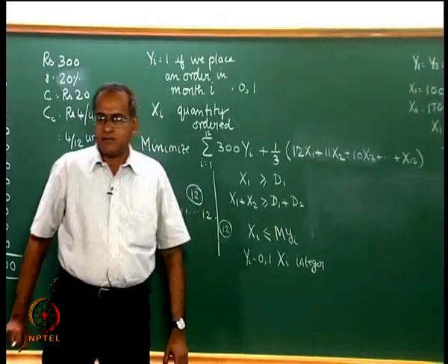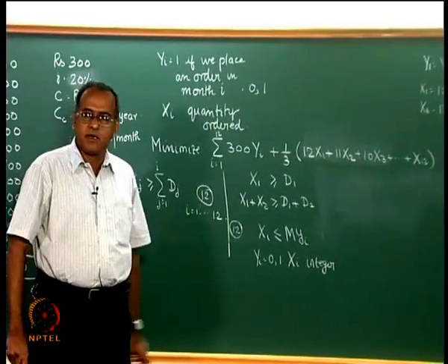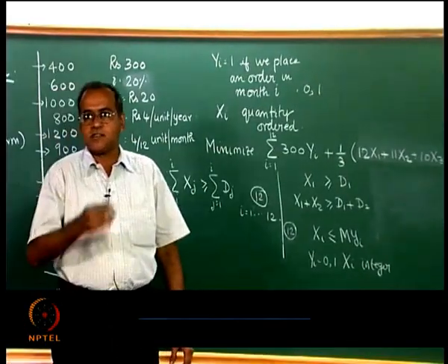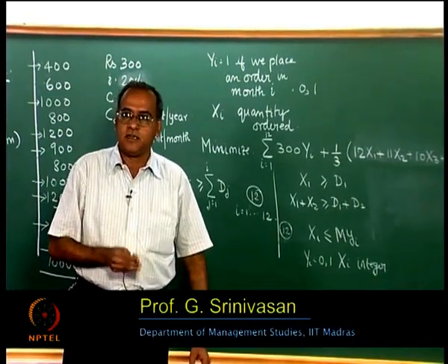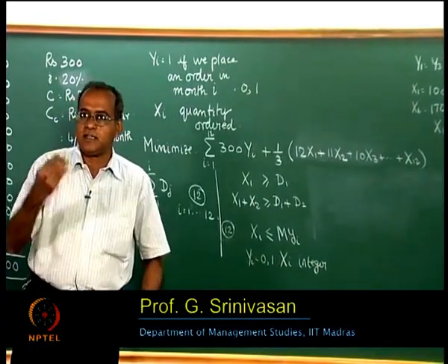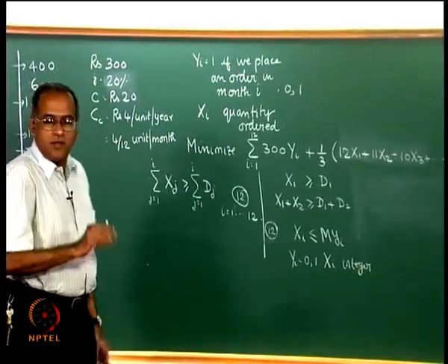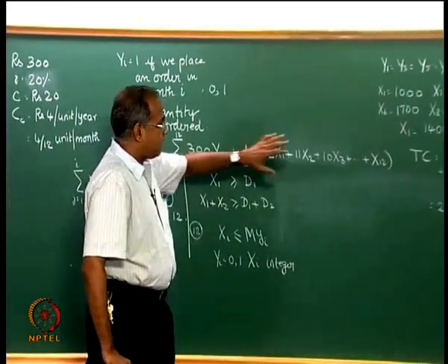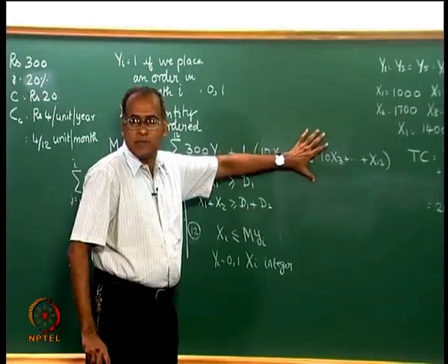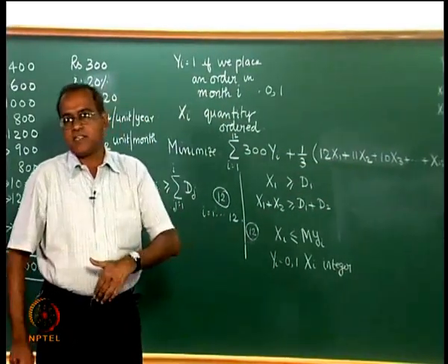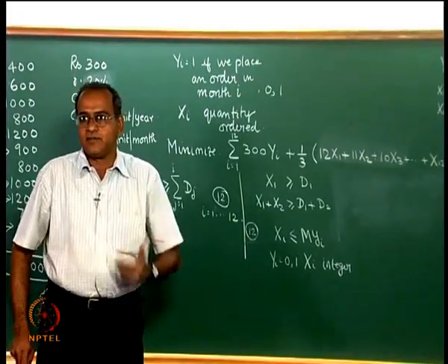minus a constant. And then we removed the constant because in any mathematical programming problem, when you optimize a function, if there is a constant in the objective function, you can remove it and then you can optimize only the terms containing the variables. Now what we will do is we will try and see what happens if we write this inventory carrying cost term considering the average inventory and not the ending inventory.